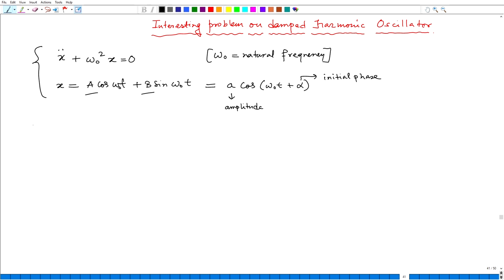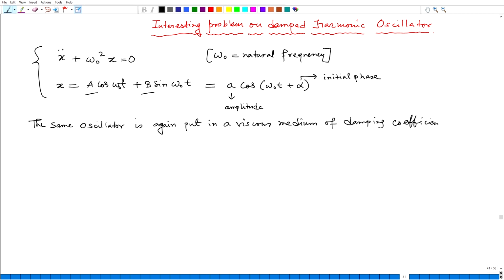And then the same oscillator is again put in a viscous medium of damping coefficient lambda, and we consider lambda to be greater than omega 0, and that is why we have what we call an overdamped motion.